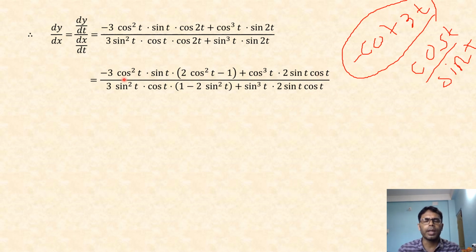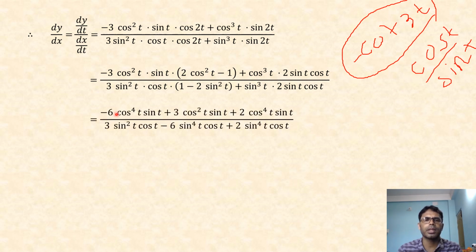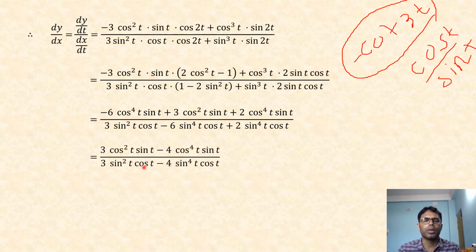Now from the numerator, see which terms are common: cos t is common, sin t is common. So I take sin t cos t, completing the product first. After that, here cos square t is common and sin t is common, and a 2 will also be common. Before that, I combine this term and this term, giving minus 4. Again, this term and this term combine: minus 6 plus 2 is minus 4, here also minus 6 plus 2 is minus 4.